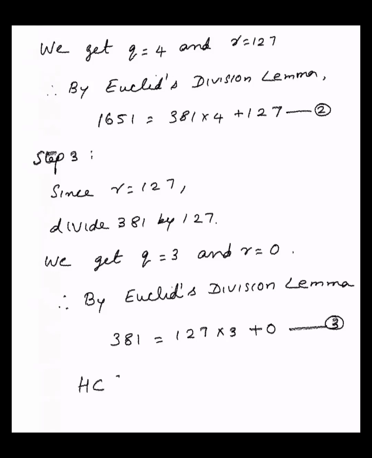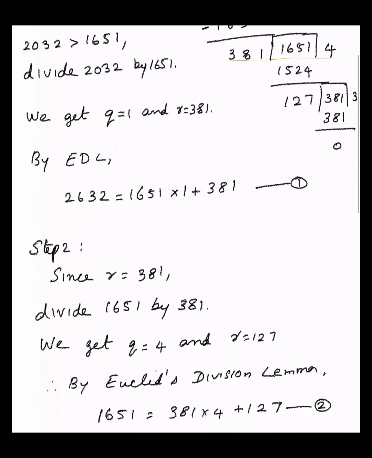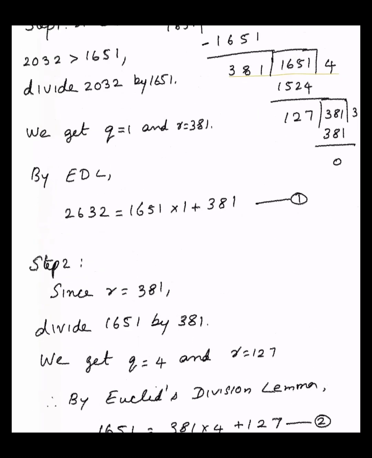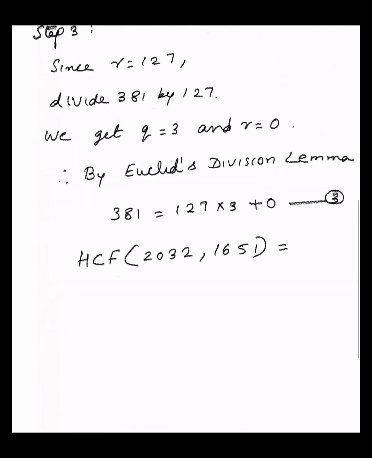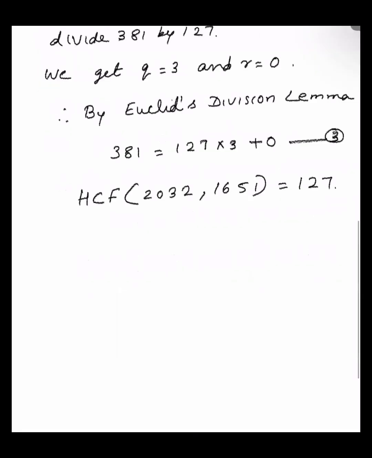The HCF of the given two numbers, 2032 and 1651, is the last divisor that gave 0 as the remainder. That is 127. So we found the HCF.